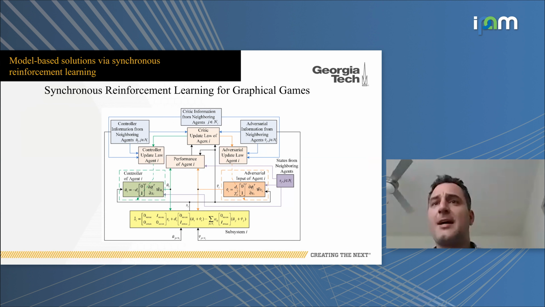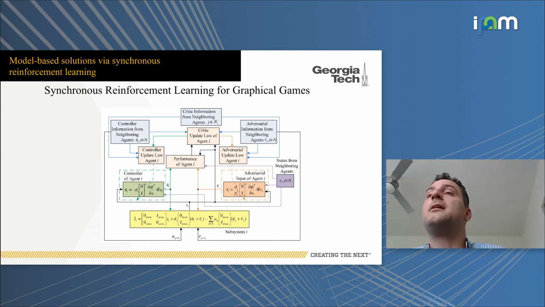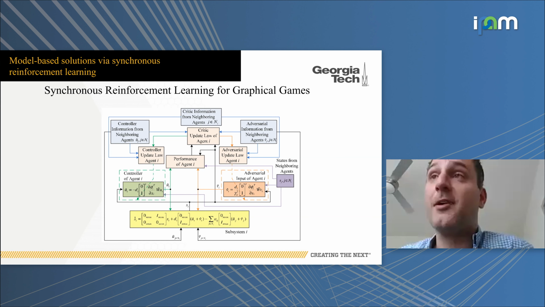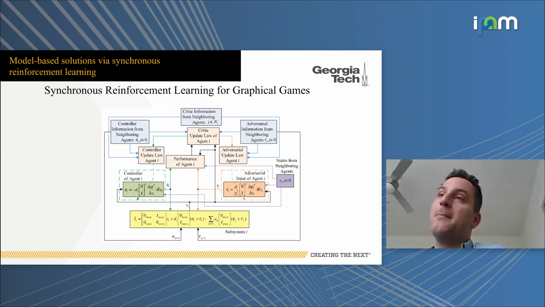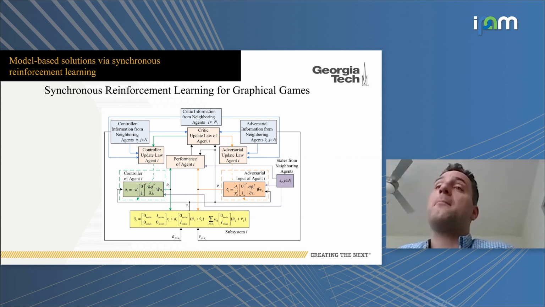In this structure, I also made it even more difficult, because I wanted to have some adversarial information. So let's say I have a group of agents, and I have my friendly neighbors, but also my bad neighbors. My friendly and my bad neighbors are actually competing to solve the problem.